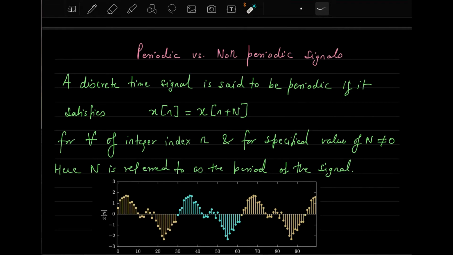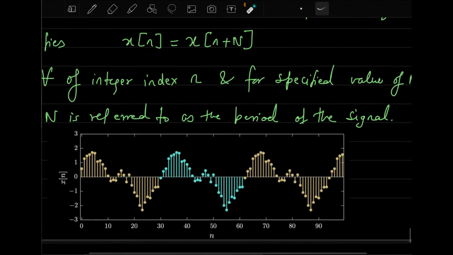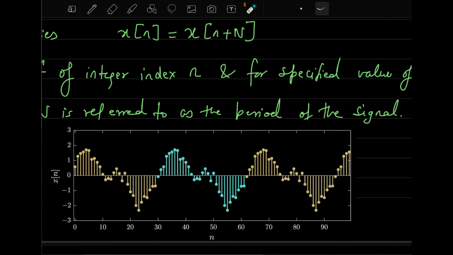In the continuous setting we had x of t equals x of t plus capital T. In the same way you have here x of n equals x of n plus capital N, valid for all integer values of n and for a specified nonzero value of N. Here N is referred to as the period of the signal. You can see here we have a discrete signal which has a period of this particular thing. So this is N1, let us say. This is the period after which this signal repeats. This is basically the capital N.